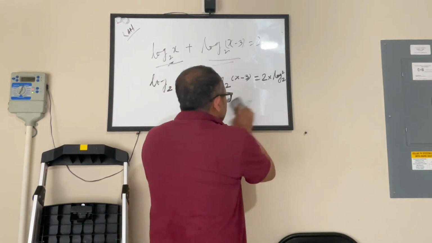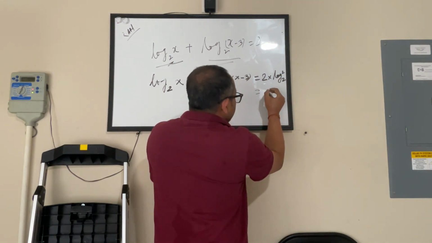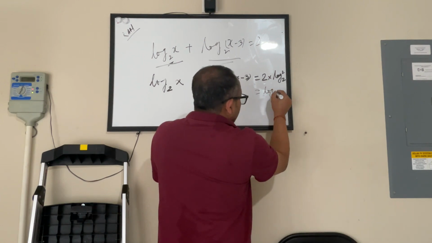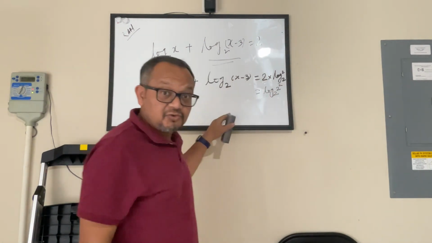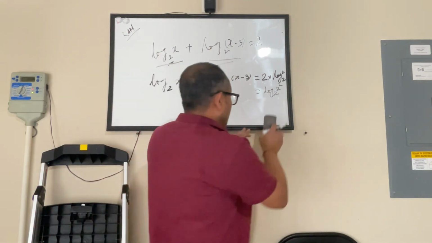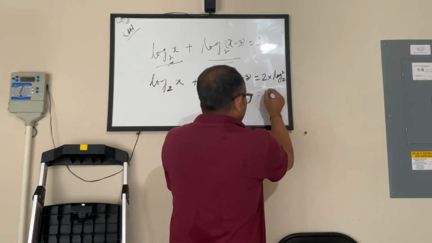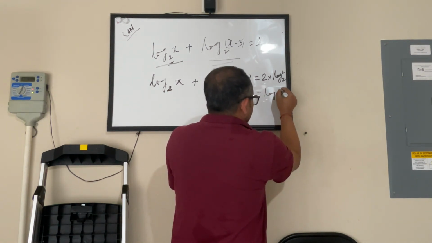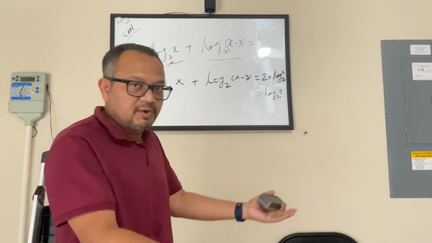So this is log 2 of 2. I can also write this as log 2 of 2 square. This 2 went that side. Or 2 square, I know that 2 square is nothing but 4. 2 square, 2 to the power 2, 2 into 2.